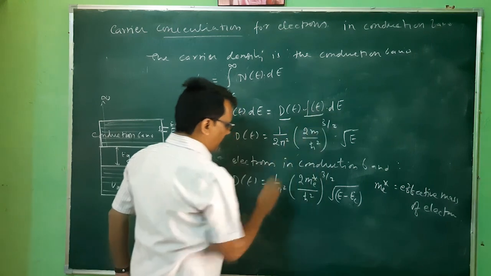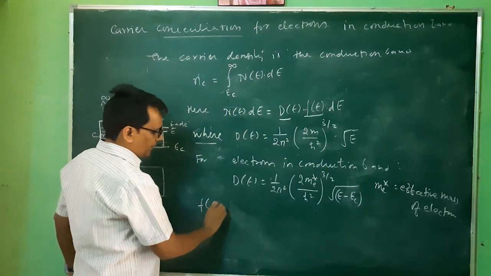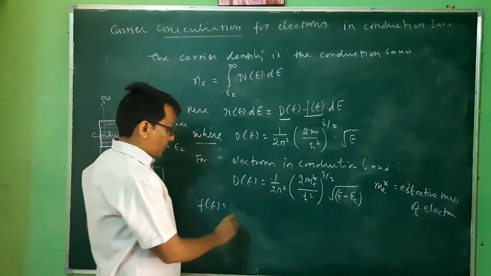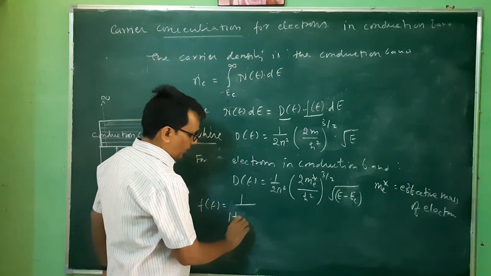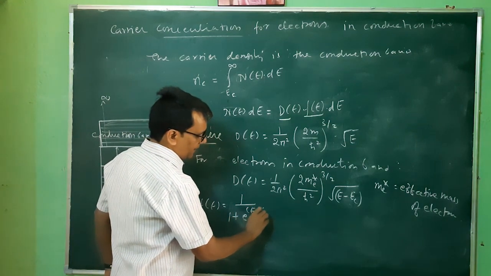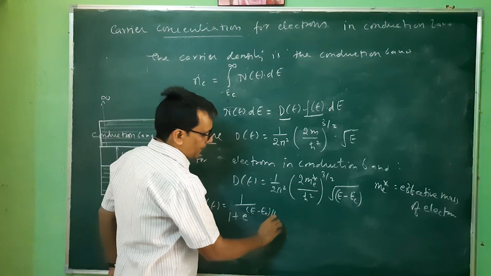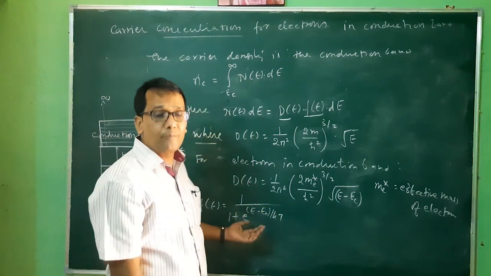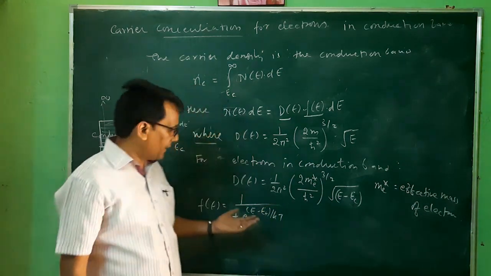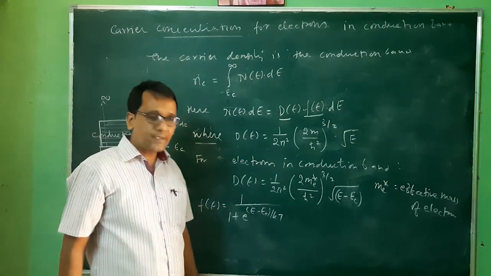Now the second term, Fe, the Fermi-Dirac distribution function, is equal to 1 upon 1 plus exponential of (E − EF)/kT. Its significance at various temperatures we studied in our previous lecture.